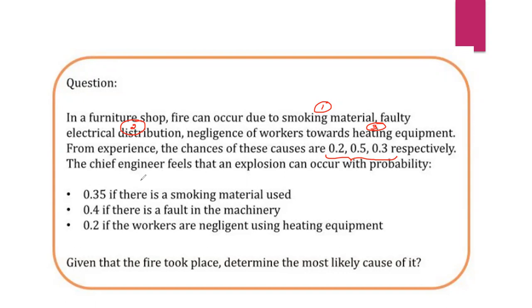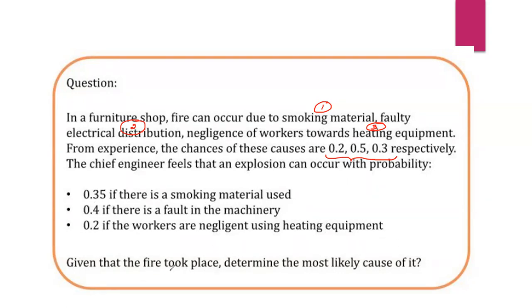Now the chief engineer feels that an explosion can occur with a probability 0.35 if there is smoking material, 0.4 if there is a fault in machinery, which is the second one, and the third one is 0.2 if the workers are negligent using heating equipment.